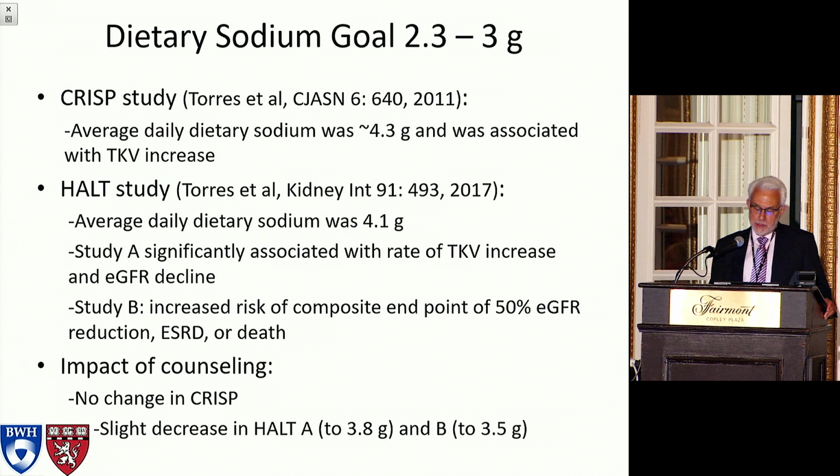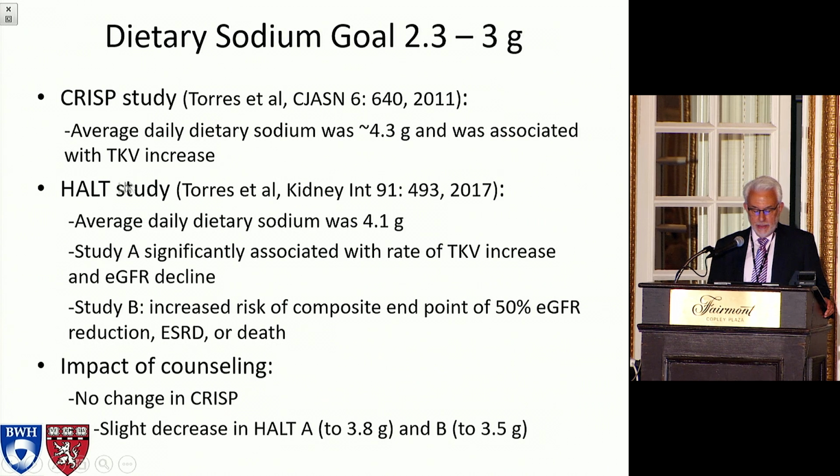So dietary sodium intake is associated with increased progression. So the CRISP study, which was an observational cohort of about 240 individuals, which helped to generate the Mayo imaging classification, the average daily dietary sodium was 4.3 grams, and increased sodium intake was associated with increased total kidney volume.